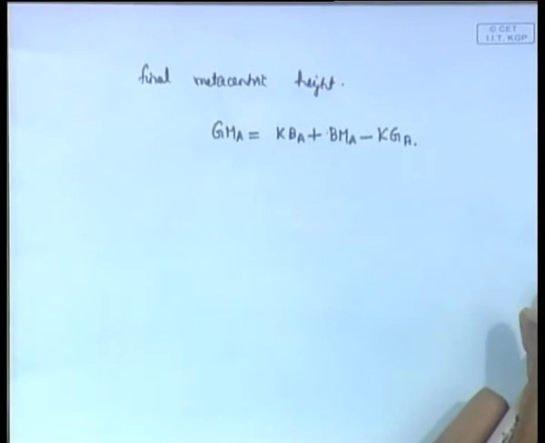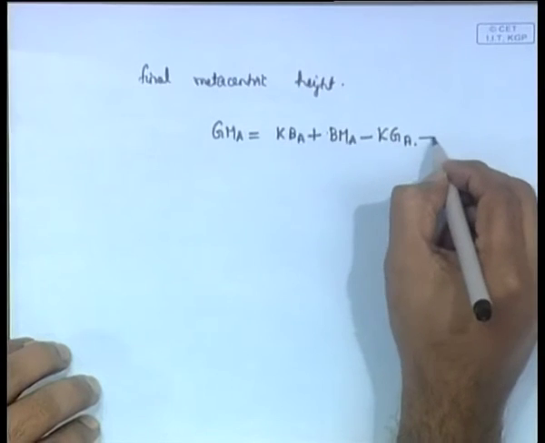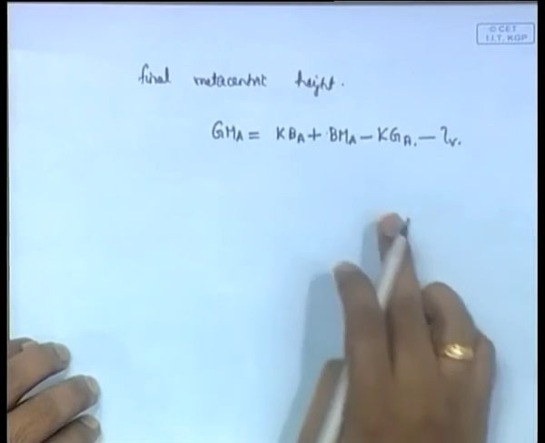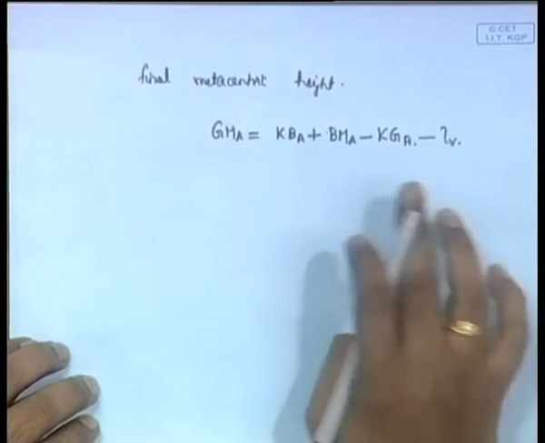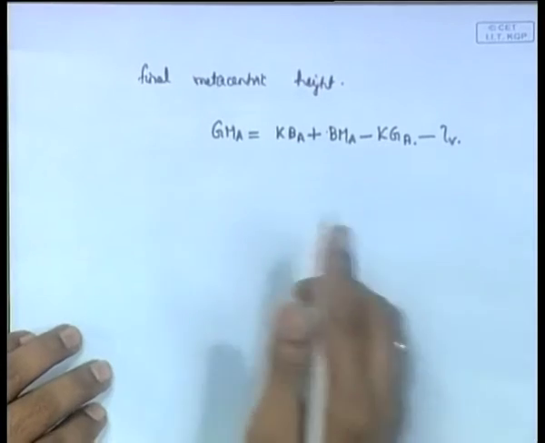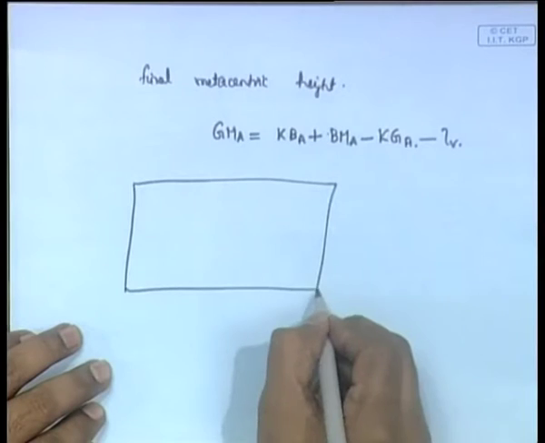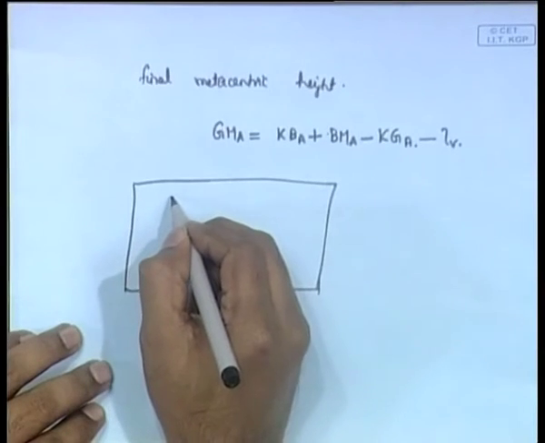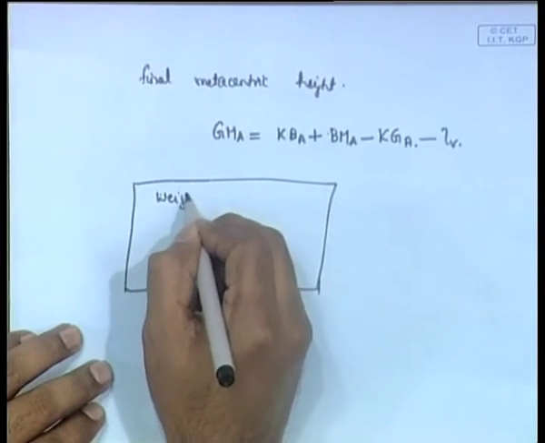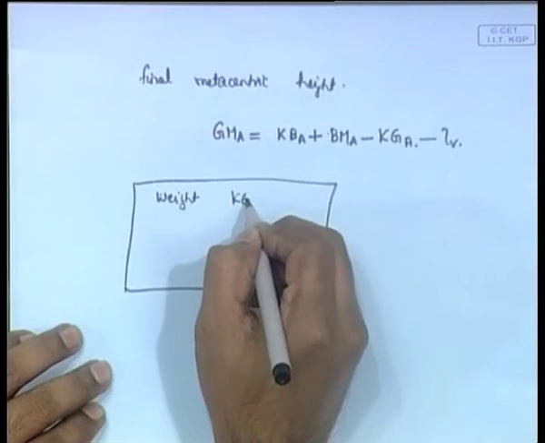Actually, okay, I did not explain, minus the lever arm. Note that KG actually changes. How do you get the KG of the final case? You can make a table like this, the usual method. You have the initial weight, KG, moment.